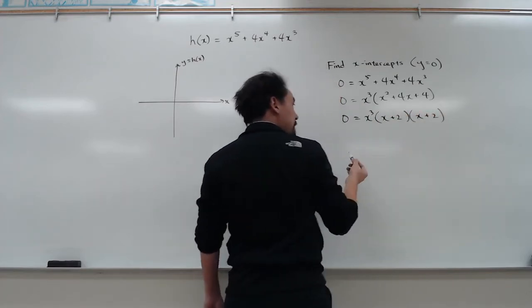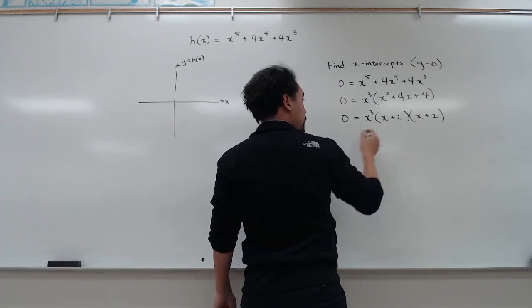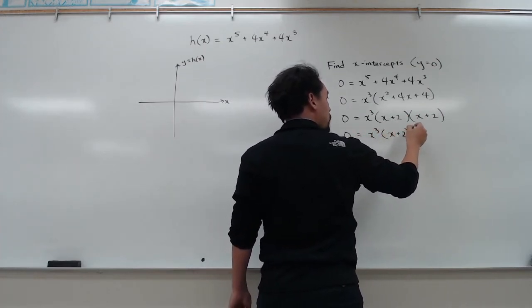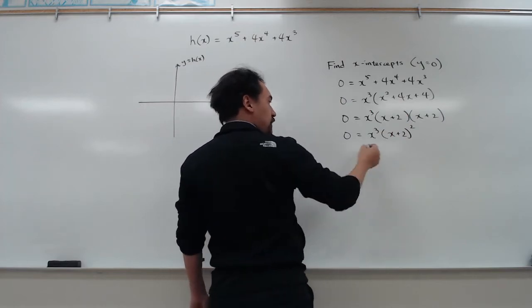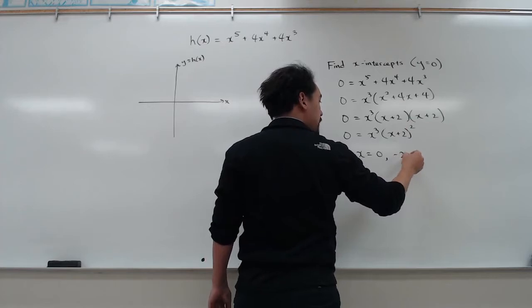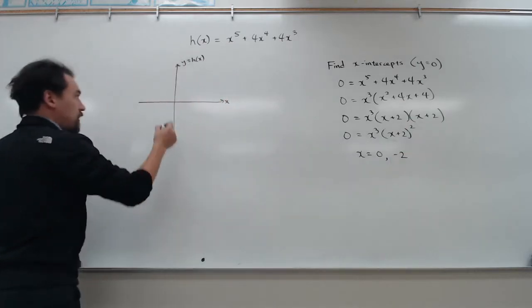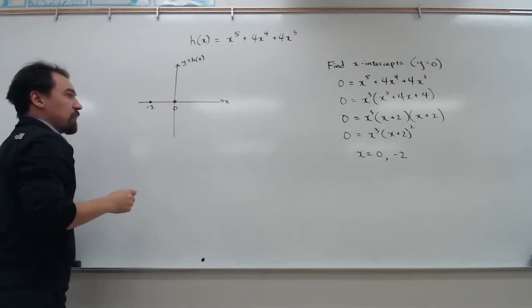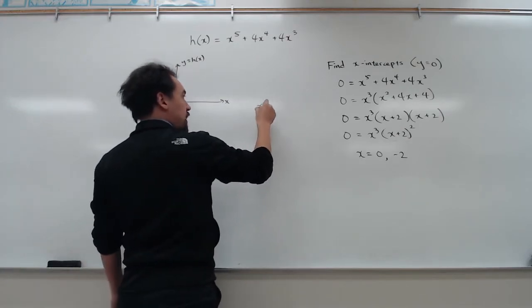And in fact, these are the same as each other. So I can write this as 0 equals x cubed times x plus 2 squared, like this. And we know that x could equal 0, or this could equal 0, meaning x is negative 2. So we would mark 0 and negative 2. Then let's go and make a table.